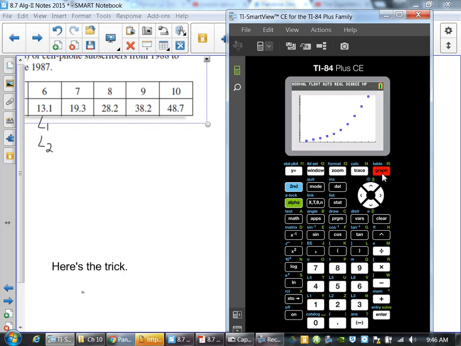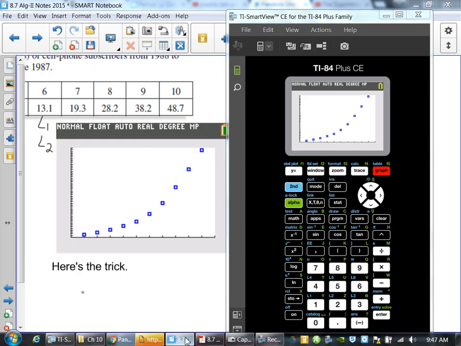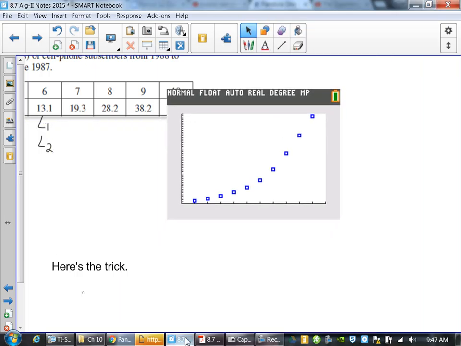Do you have to do it one bigger? You don't have to. Sometimes if you do it a little bit larger, you might see it a little bit better. But with the data set they're giving you, it's going to be pretty obvious this is an exponential. It's growing at a rather rapid rate. Okay, so here's what our scatter plot looks like.